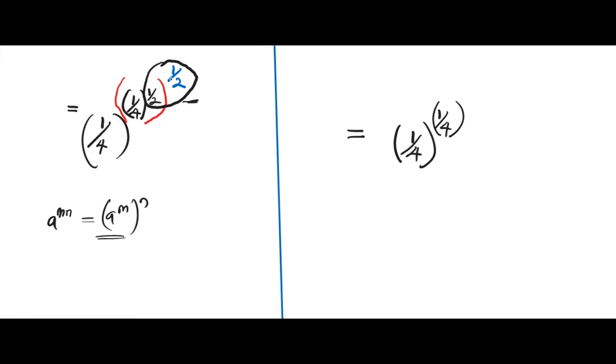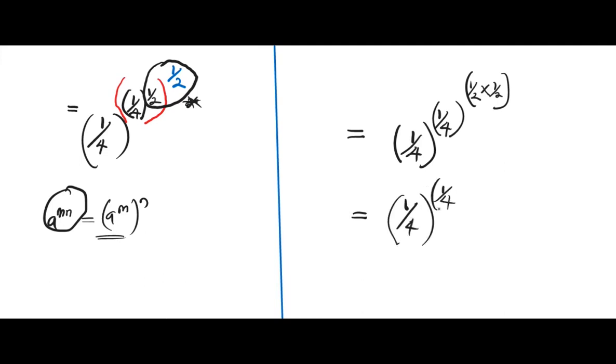All right, if we apply this identity here, this will multiply this and we're gonna write it this way. So this now equals 1 over 4 raised to the power of 1 over 4 raised to the power of 1 over 4.